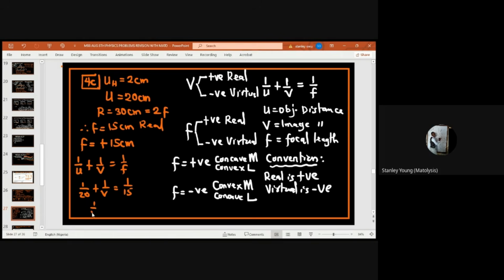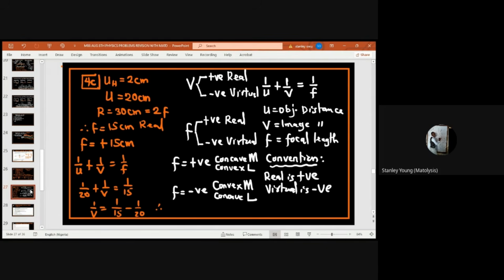So you isolate 1 over V. So we have 1 over 15 minus 1 over 20. So what does that mean? Let's see if we could manage our space well. Okay. Hold on. I need more space. Let me just duplicate this. Okay. And take this off.